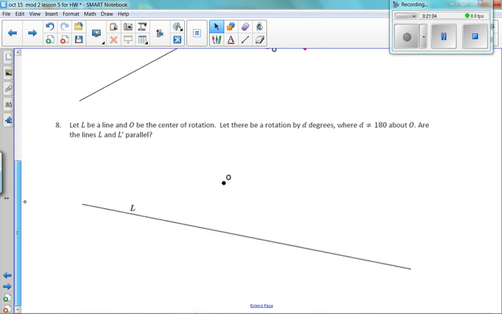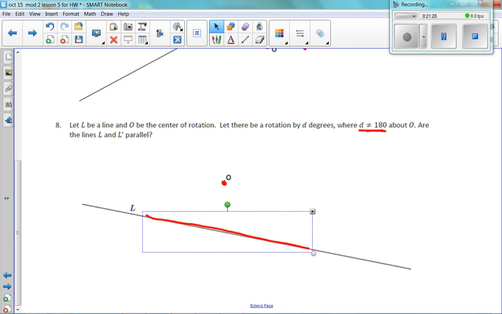Okay, question 8 says, let L be a line and O be the center of rotation. Let there be a rotation by d degrees where d does not equal 180 degrees about O. Are the lines L and L prime parallel? So here's O. Let's draw a line about this line, and this is like a transparency, and I'm now going to turn this, but I'm not going to turn it 180 degrees.